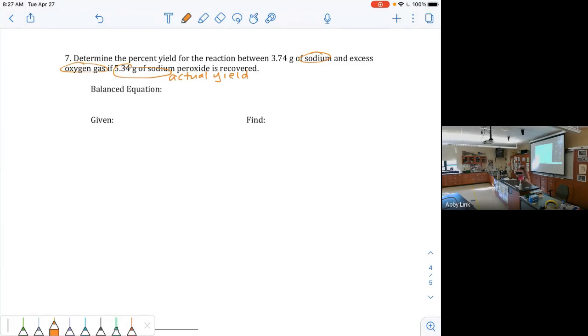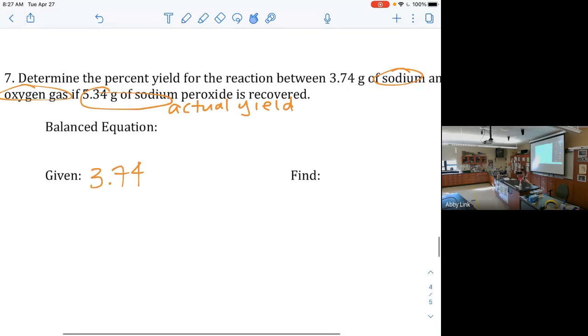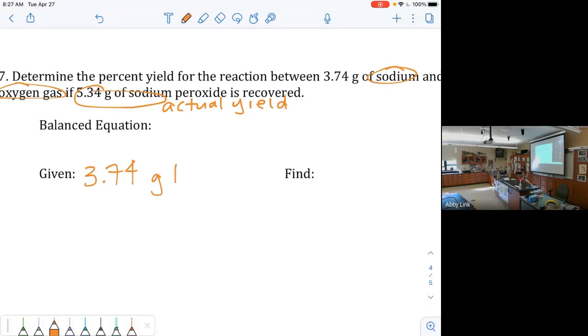So you're given, we can actually fill this out before we even start, 3.74 grams of sodium, which is Na, and we are going to try to find the grams of sodium peroxide. Can anybody tell me what the formula is for sodium peroxide?